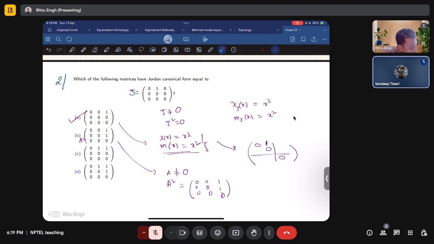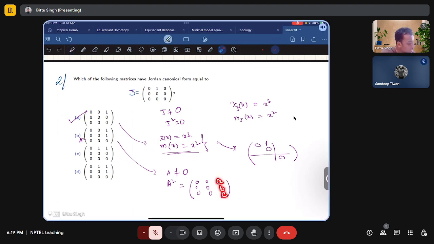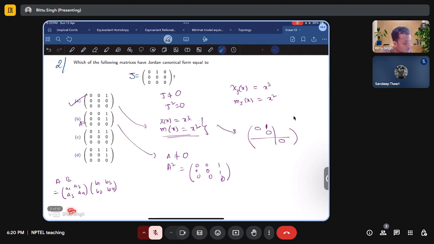Yes. So if there is some A B C, then what is the multiplication? So let us see a 2 cross 2 multiplication. Suppose this is A1, A2, A3, A4, and B1, B2, B3, B4. Or maybe let us consider this matrix only.